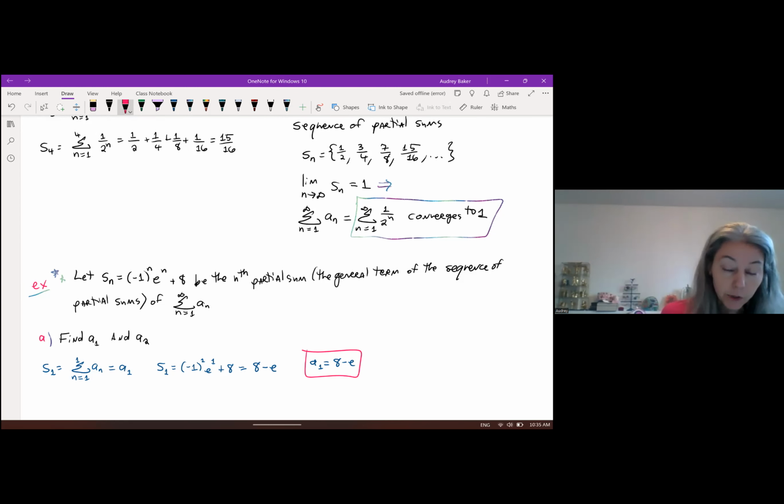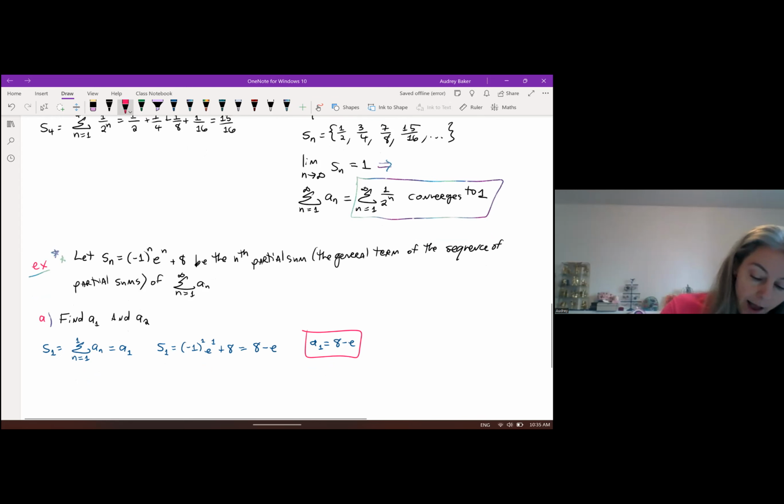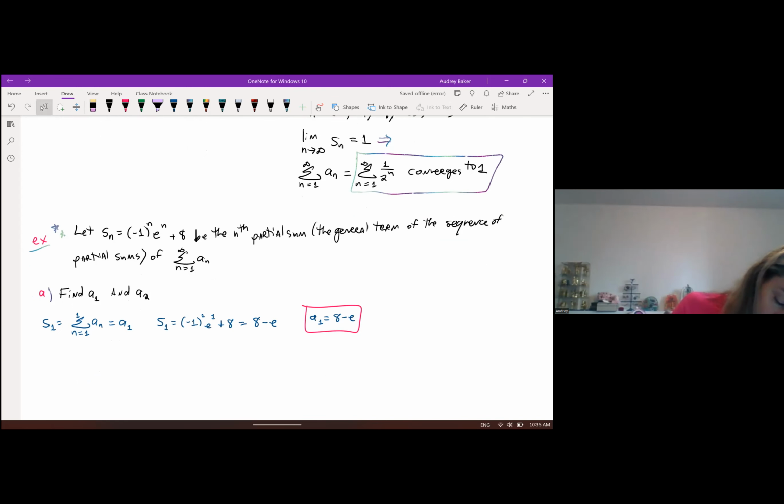Now to find a sub 2, I know that S sub 2 is equal to the sum from n equals 1 to 2 of a sub n, which is a1 plus a2. So in other words, a sub 2 is equal to S sub 2 minus S sub 1.